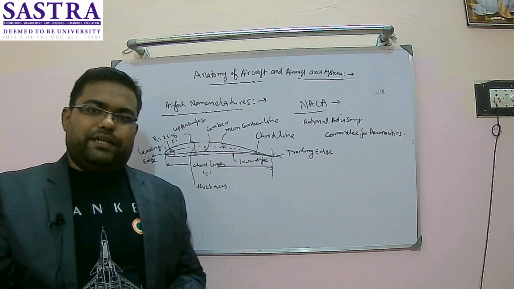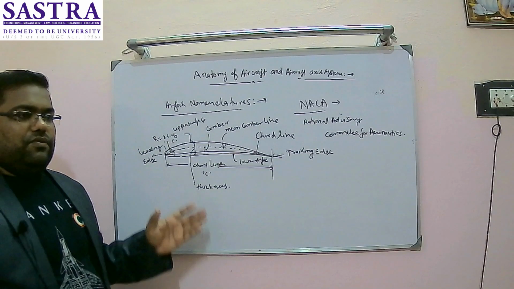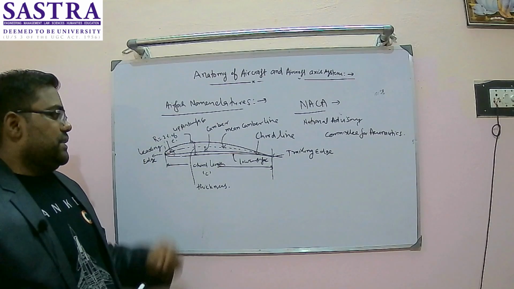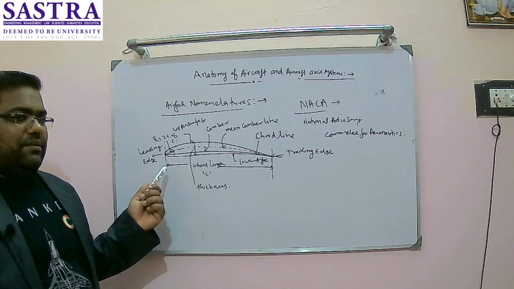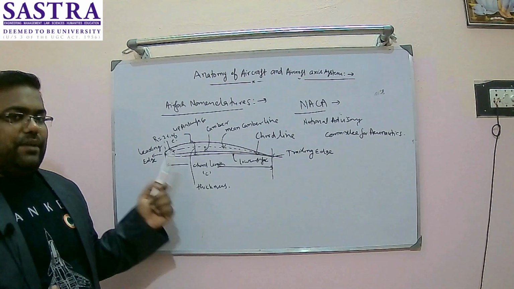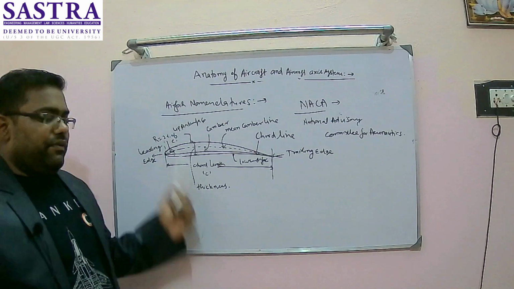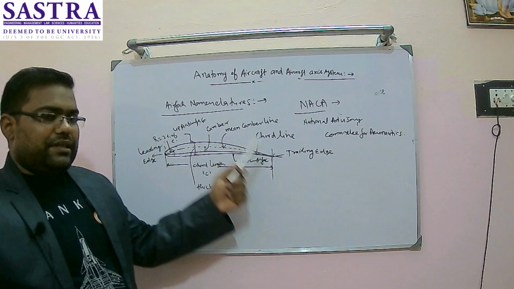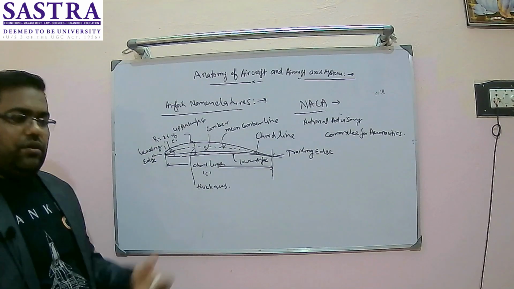This was fixed by experiment. They did a large number of experiments and finally came out with this kind of design. The thickness will vary between 10% and 20%, depending on the type of airfoil. So these are the airfoil nomenclatures, and we will be using them. Now come to the angle of attack.